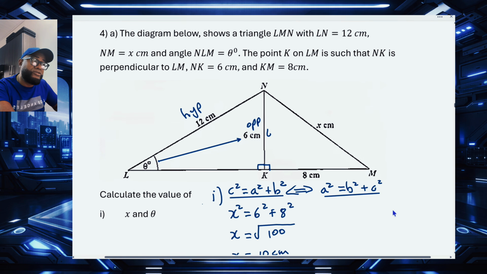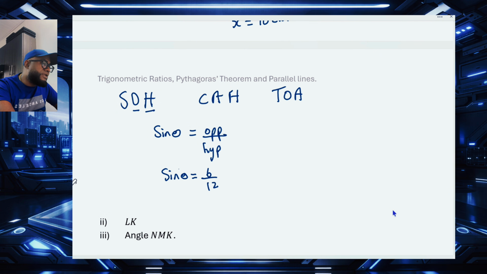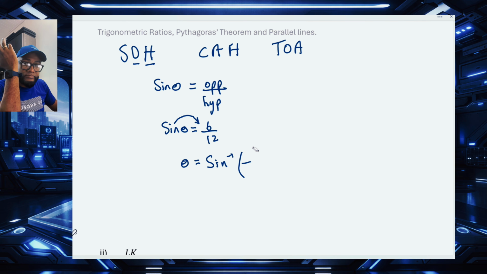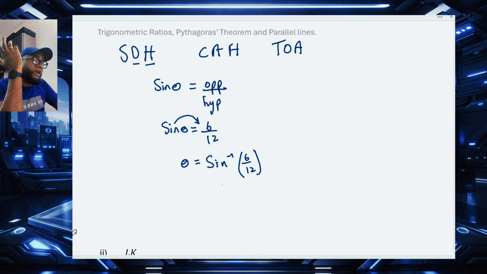What is my hypotenuse? 12. 6 over 12. So theta is the sine inverse of 6 over 12. Punch that in on a calculator, and what are you getting there? 30 flat? Yes, 30 degrees.